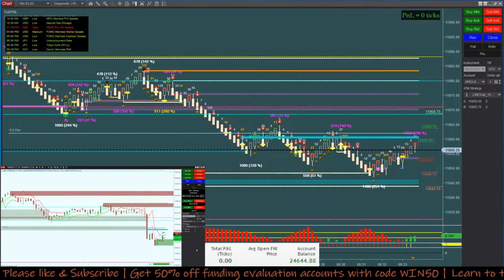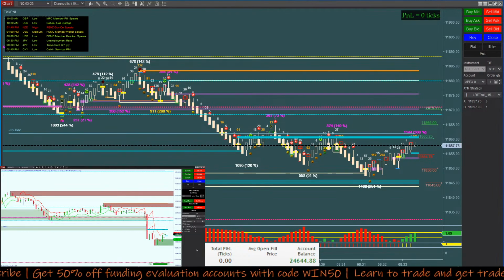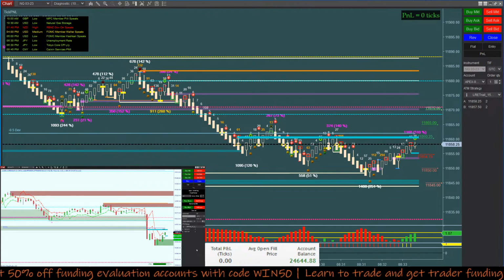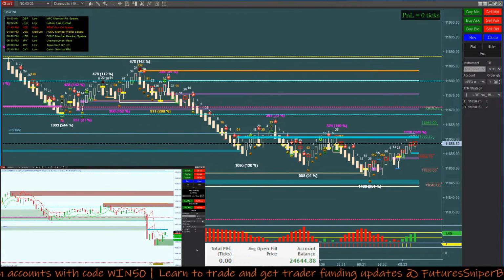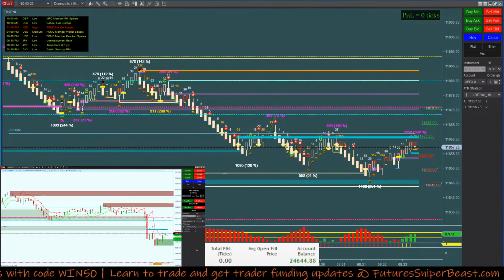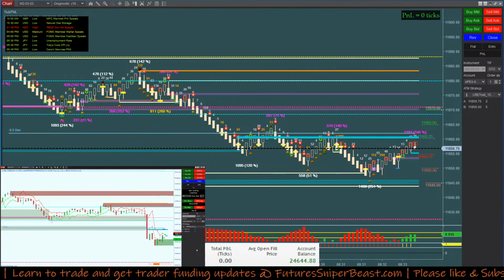Potential OP rejection on NQ. It's a lot of HD on the 10 tick.